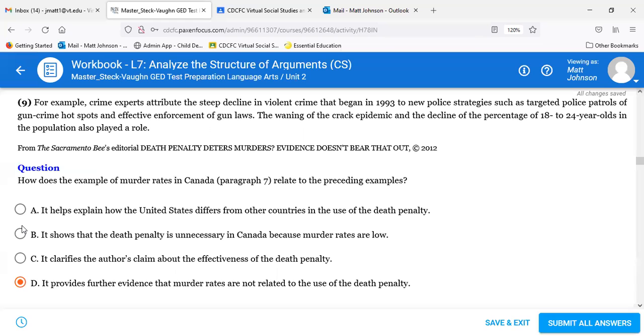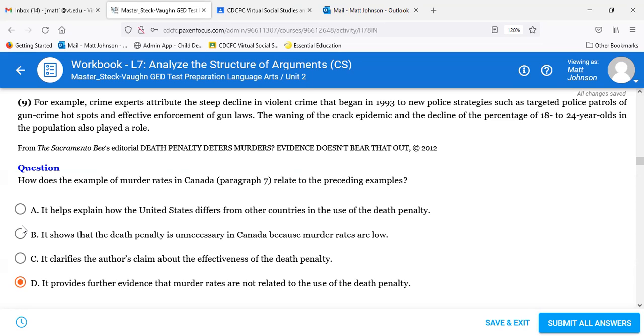And in this case, it's showing that when murder rates go up in the United States, they tend to do the same in Canada. That's probably because our economies are sort of connected, and the same situations happen in both countries.